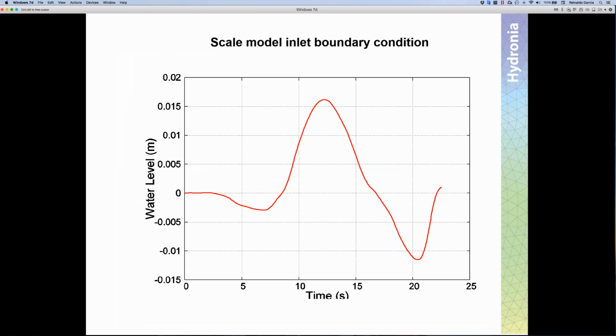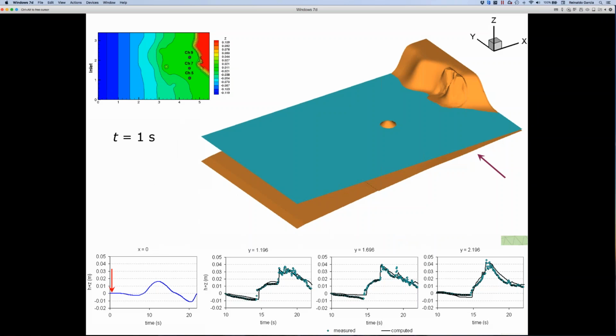This is the boundary condition. So this is the water level variation at the sea boundary. And these are some results. So let me explain to you what these results mean. You see here 4 graphs on the bottom. This is the actual boundary condition that is being imposed in this part of the domain.